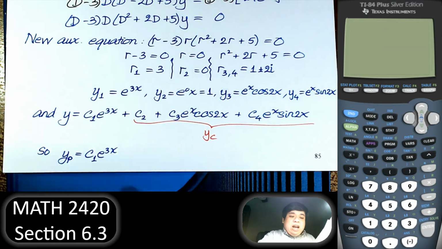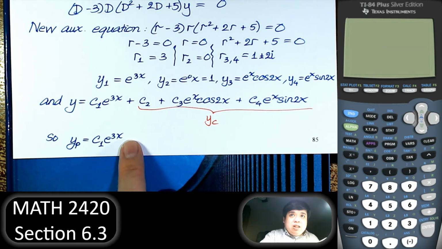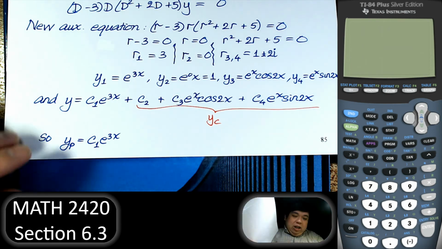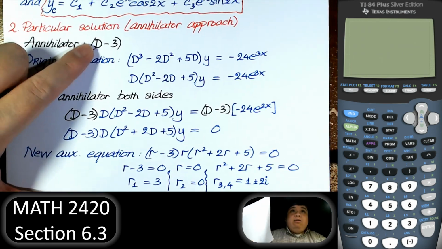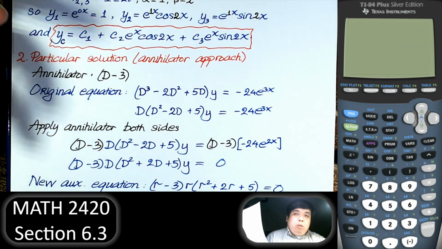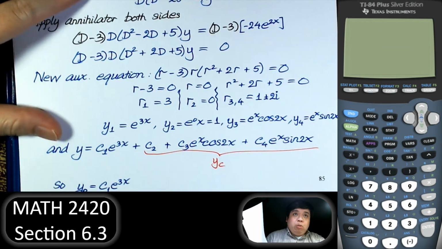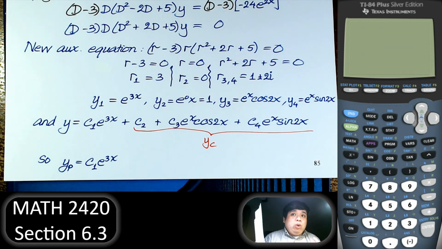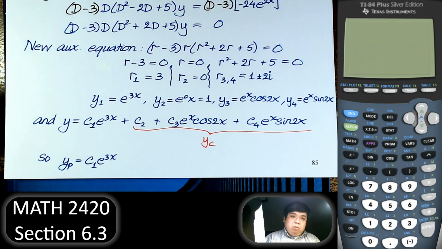But this time the form of the particular solution is a little more general, a little more elegant, and comes from the annihilator, which is the differential operator. Other than that, the problems that we can work using the guessing method are the same as the problems that we can work using the annihilator approach.